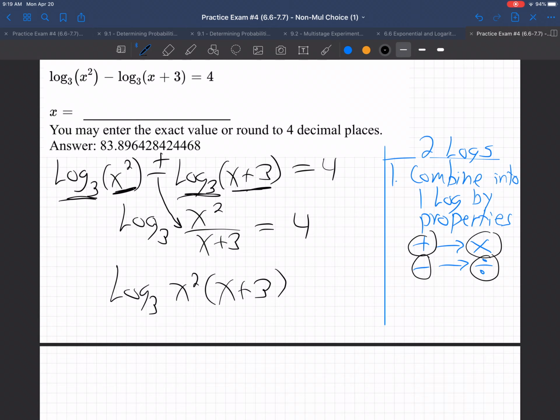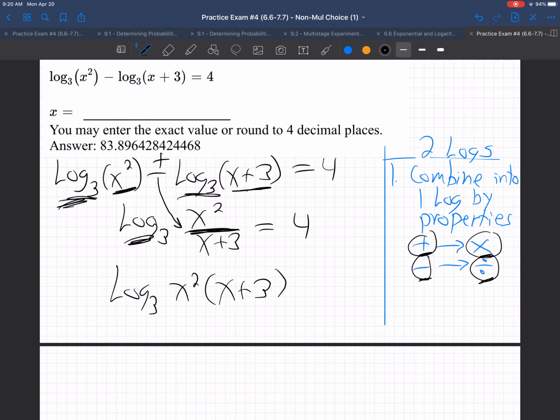Remember those properties of logs? What's an easier operation for two logs, adding or subtracting? That's easier, right? Adding, subtracting is the easiest math operations you've ever learned. It's easier for two logs, like a job is easier for two people. Multiplying or dividing is a harder operation for one person, a harder job for one person, easier for two people. So it's dividing for just one log.